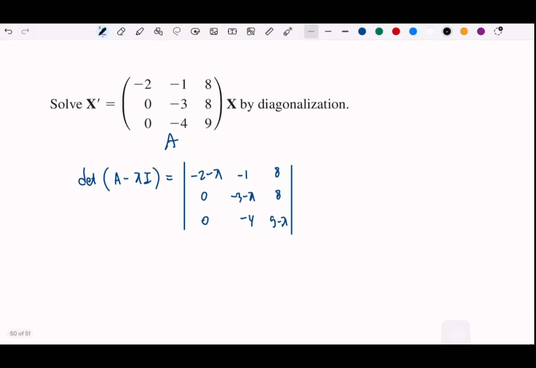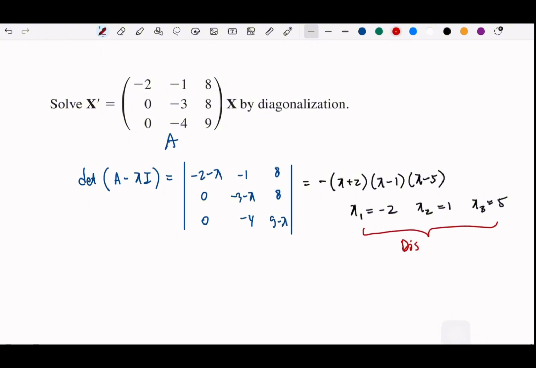So suppose that we get that this will be equal to minus, I will give you the final factorizations, which gives you all three eigenvalues, and all of them are distinct eigenvalues. So since they are distinct, we could also say that they will be linearly independent.